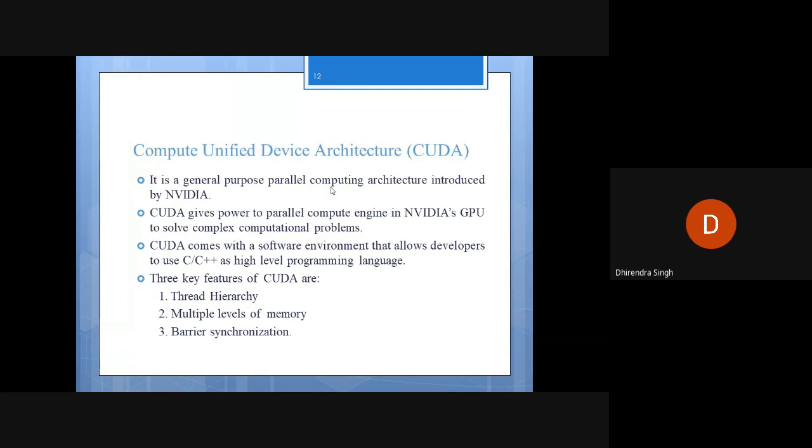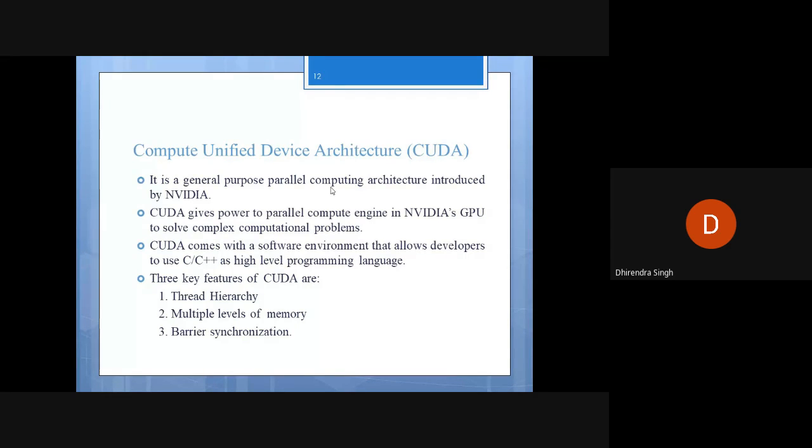I have read somewhere in a research paper that if you have an NVIDIA graphics card and you are using the CUDA programming language, CUDA is internally optimized to run inside the NVIDIA graphics card. So you don't need to do much. You just need to write a parallel version of a CUDA code, a CUDA kernel, and the rest of the things will be supported by the CUDA environment.